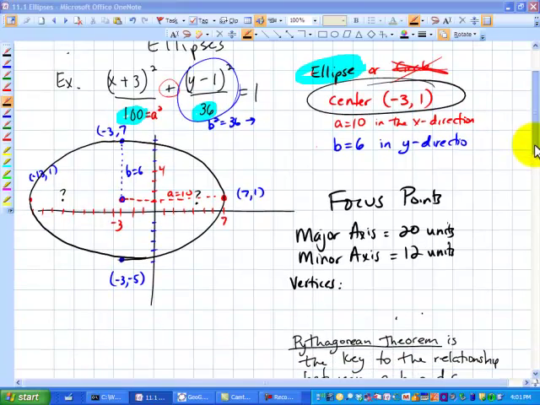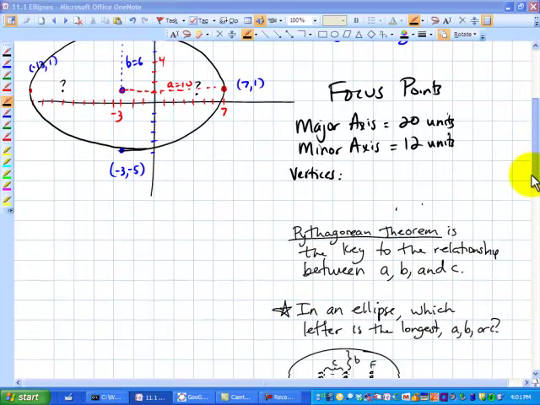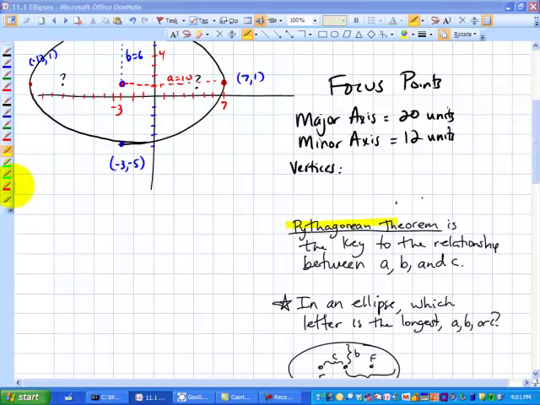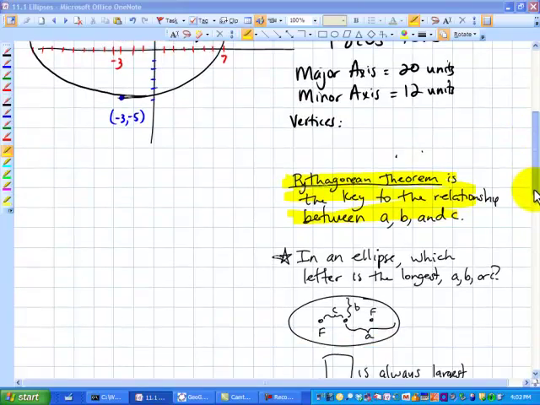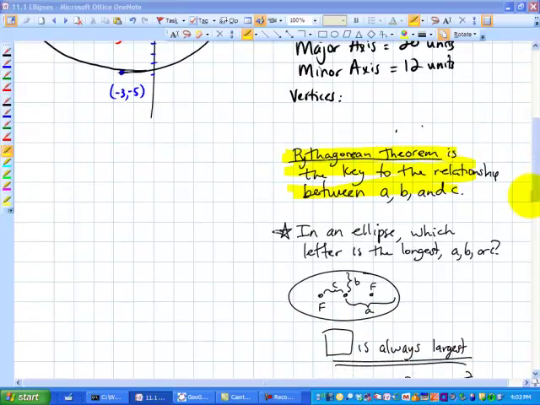Here's how it works. It's easy squeezy, nothing to it. The Pythagorean theorem is the key. I just remember the Pythagorean theorem, and I use a little bit of reasoning. Now, for whatever reason, somebody decided to call this distance from the center to the focus the value c.